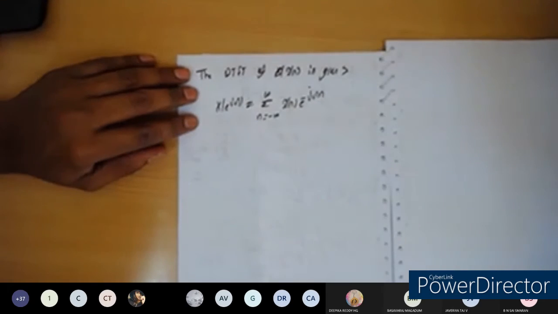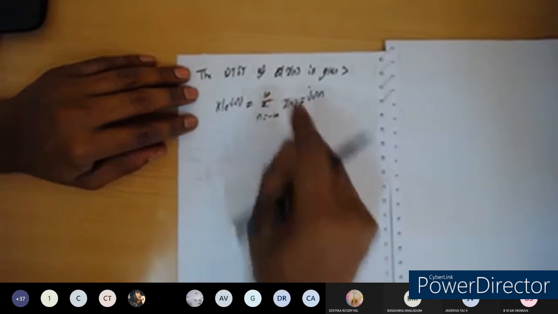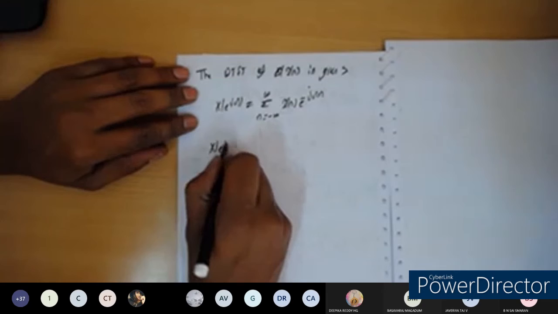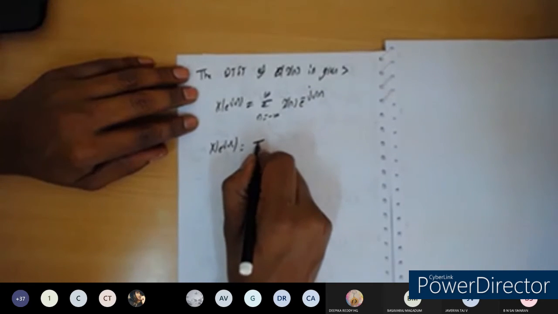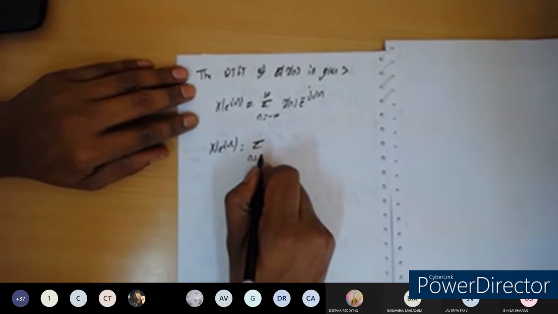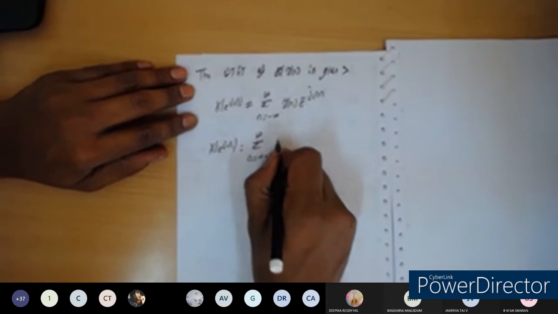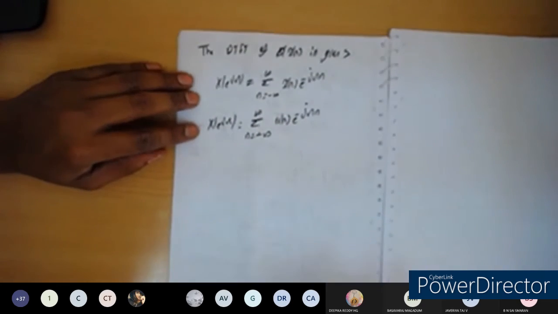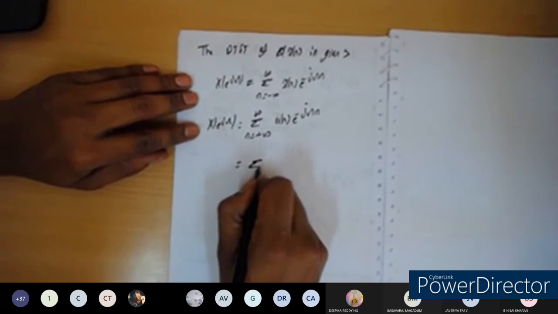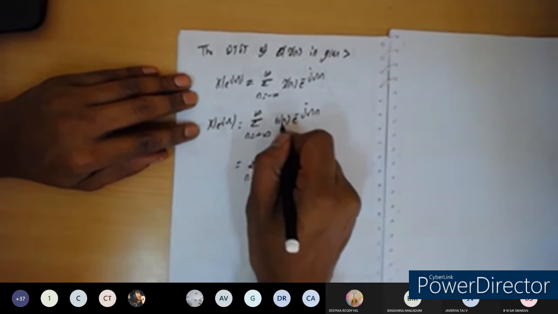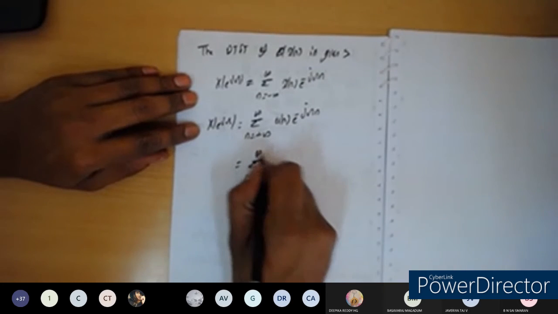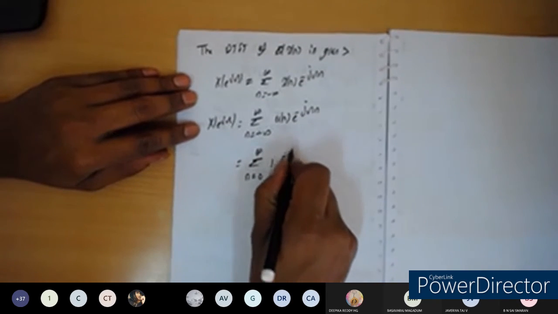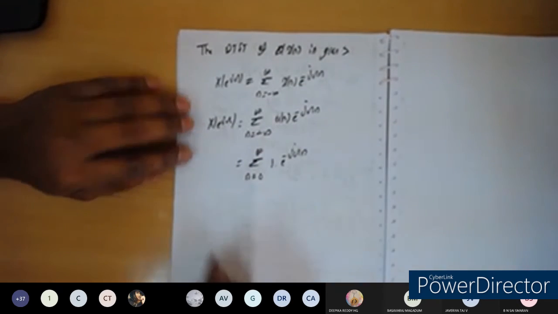Let us substitute x of n here: u of n into e to the power of minus j omega n. The u of n is nothing but 1, so summation n equals 0 to infinity of 1 into e to the power of minus j omega n.